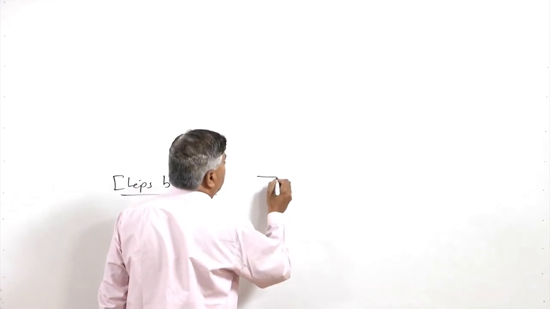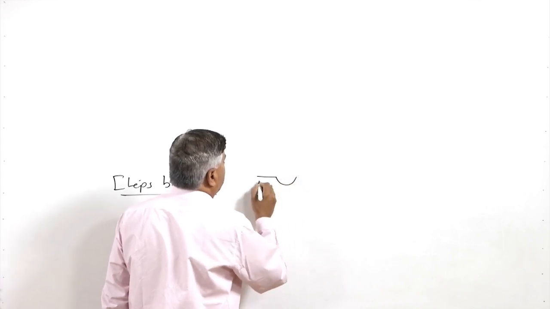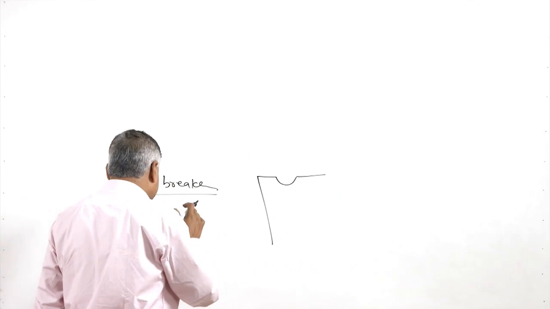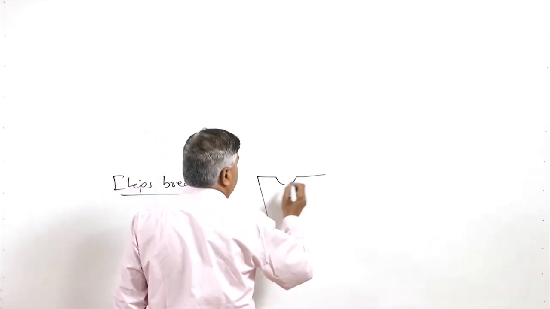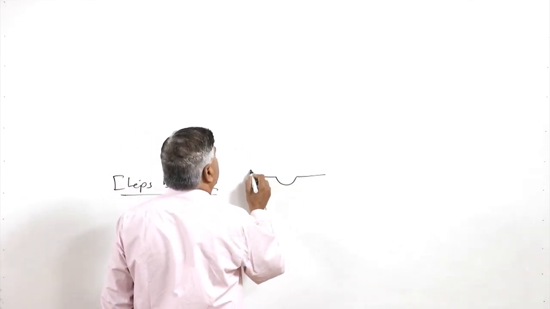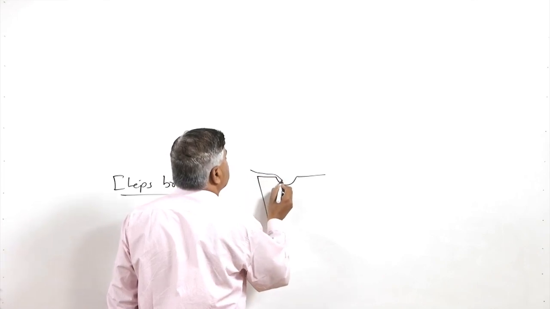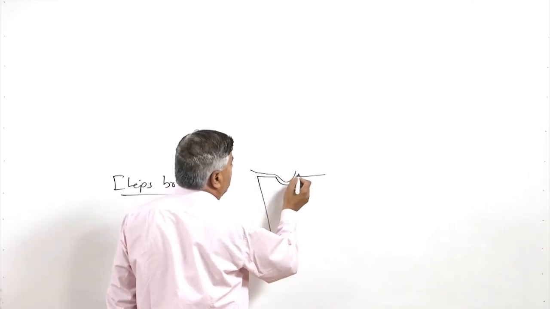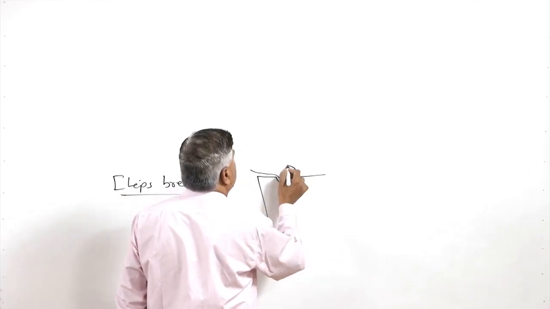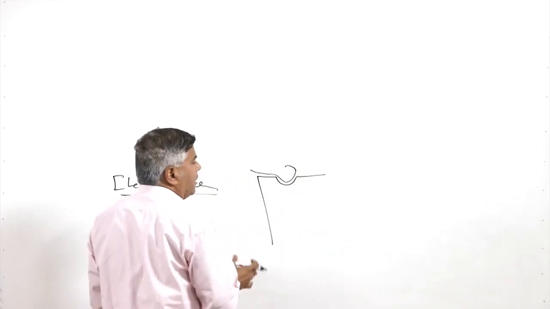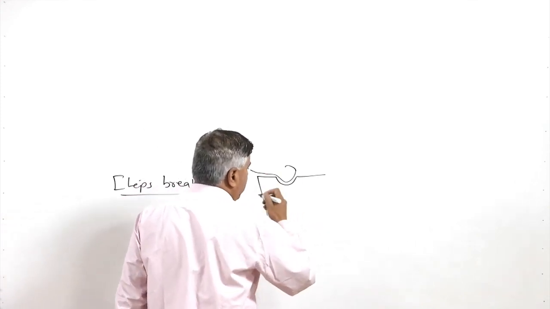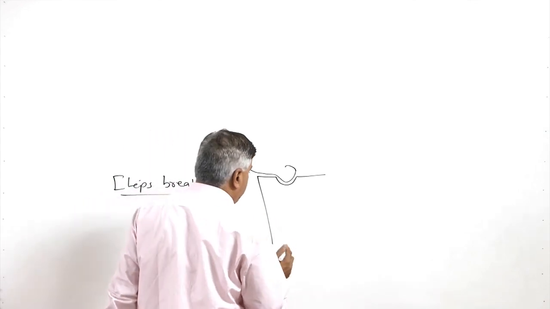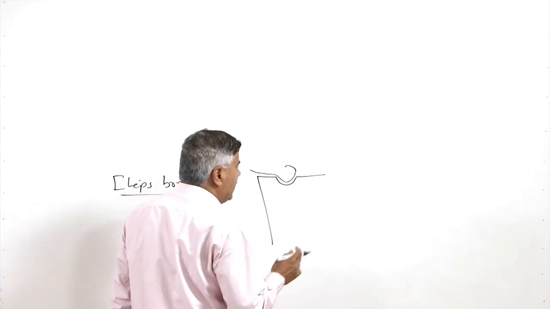One is wherein a gap is made. After getting removed from the workpiece, the chips move through this gap, and then they are broken or curled back, which avoids the formation of unnecessary lengthy chips.